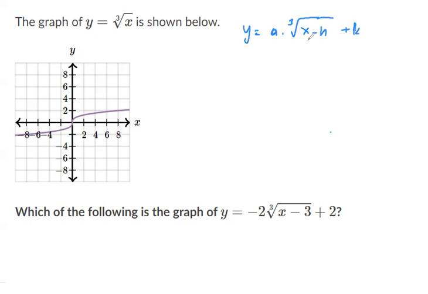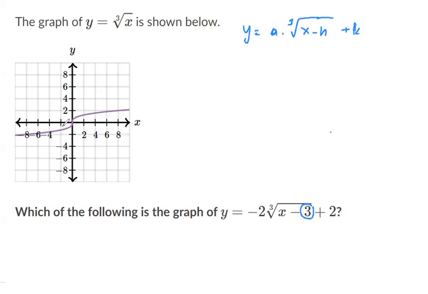The h in x minus h will tell us how many units we are going to shift it on the horizontal axis. In our case it's x minus 3, which means we are going to translate 3 units to the right. If you're not sure why we are moving to the right, I'll ask you to review the basics of shifting, and you can also explore those on any graphing tool to see how each of those parameters will affect our graph.